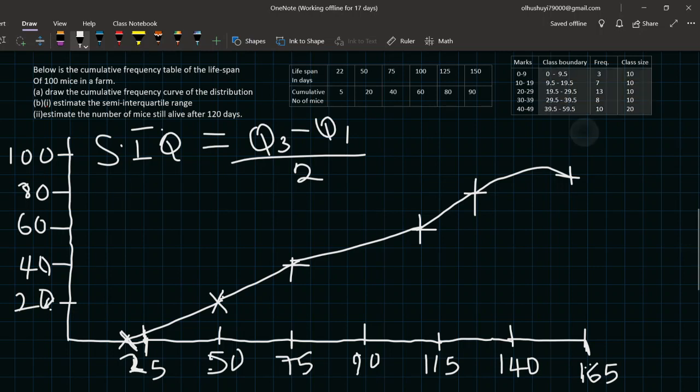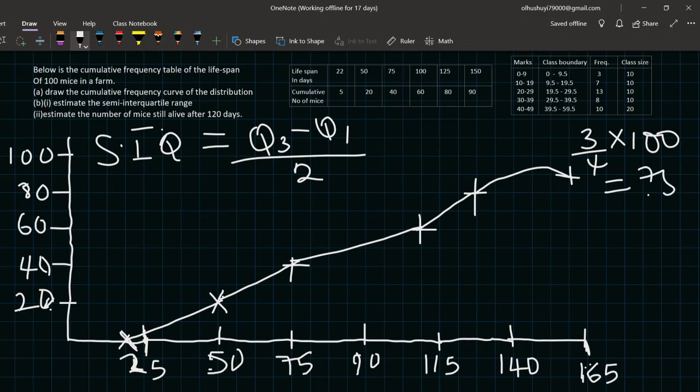3 over 4 times 100 should be equal to 75%. That's Q3.